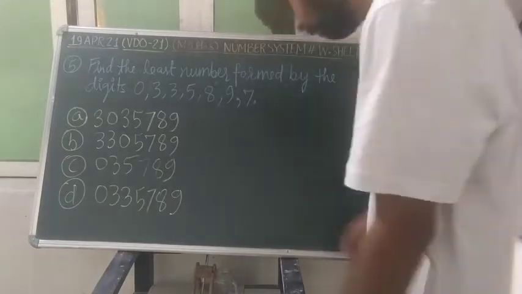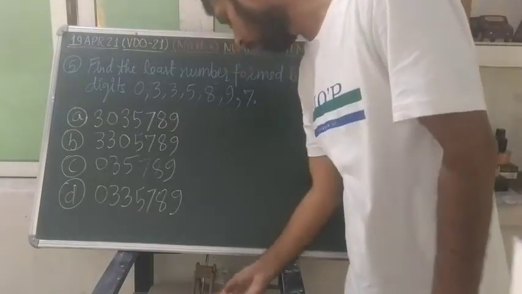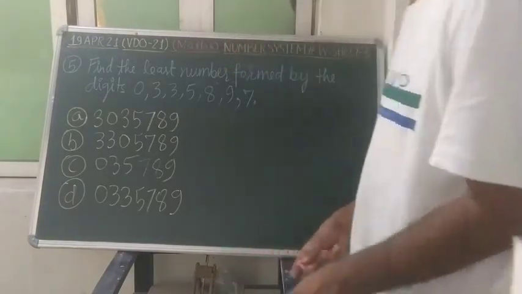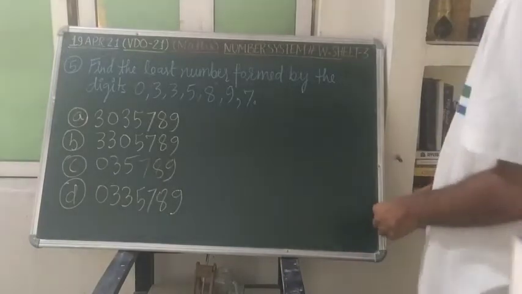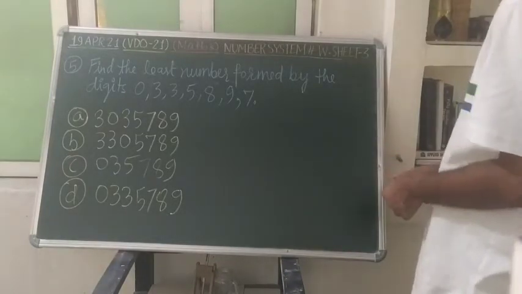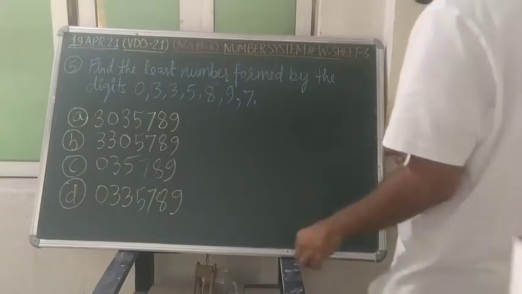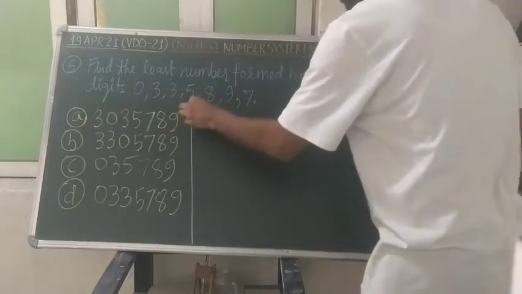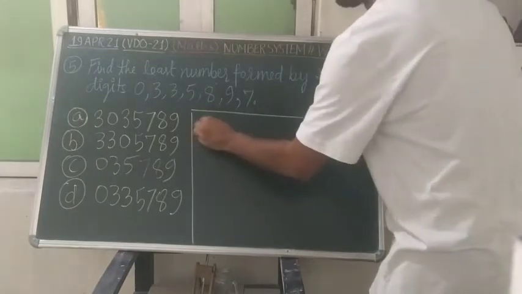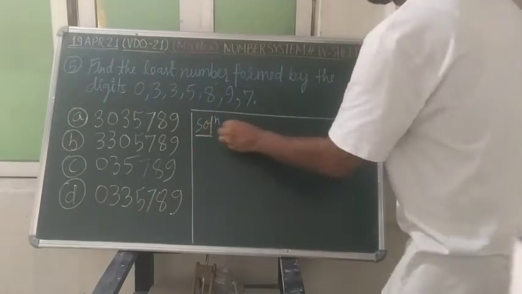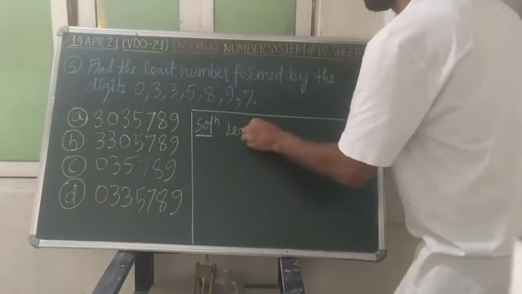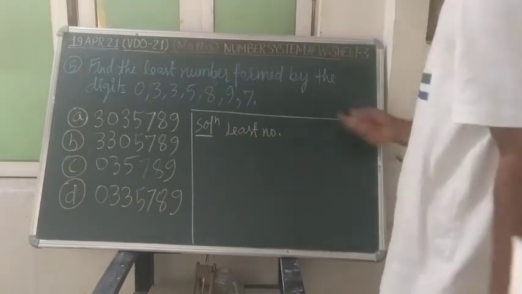Fifth problem. That problem is asking us to find the least number formed by the digits 0, 3, 3, 5, 8, 9, 7. So we want to write the least number formed by these digits.